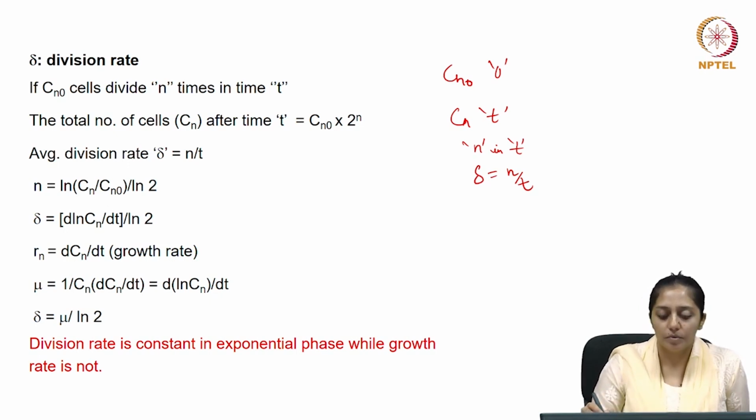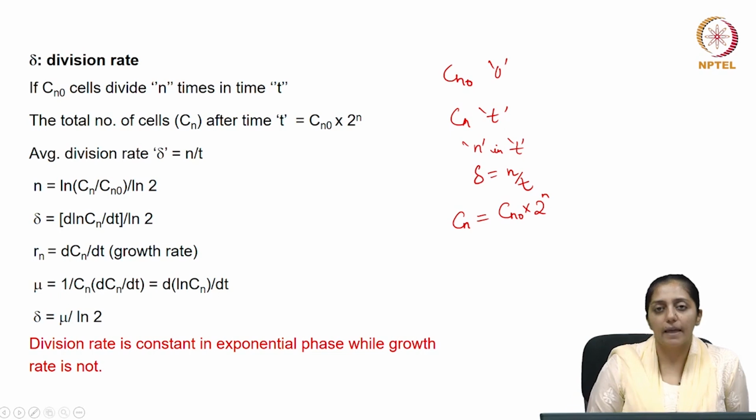Now, if I need to determine n in terms of Cn, if you remember, Cn, which is the number of cells after time t, will be equal to Cn naught multiplied by 2 to the power of n, because after every division the cell will become 2. So, if there is one cell, after one division it will become 2 cells, after 2 divisions it will become 4.